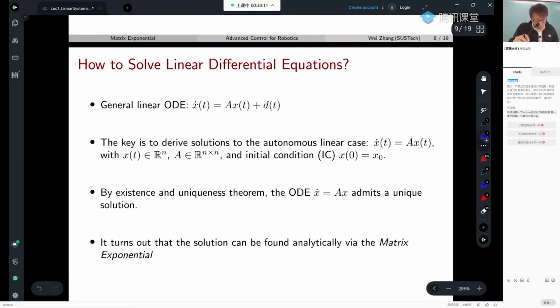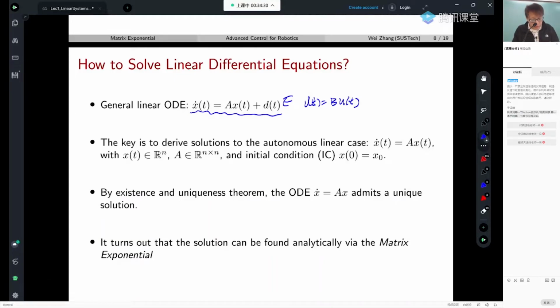So let's get started with the matrix exponential. Let's recall a little bit. Our ultimate goal is to solve an arbitrary general linear ordinary differential equation. For a linear control system, this d(t) is B times u(t). In general, d(t) captures everything else. It turns out the key is to derive solutions for this autonomous case, or homogeneous case, so x dot equal to Ax.